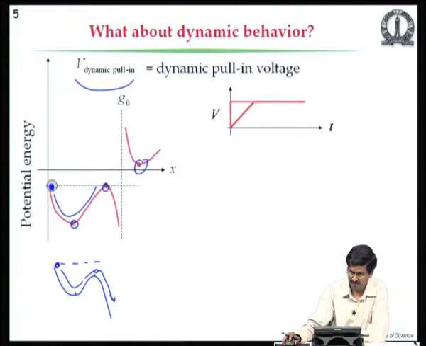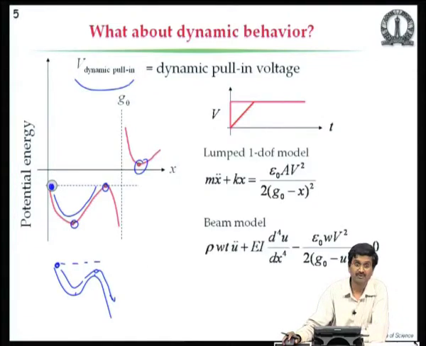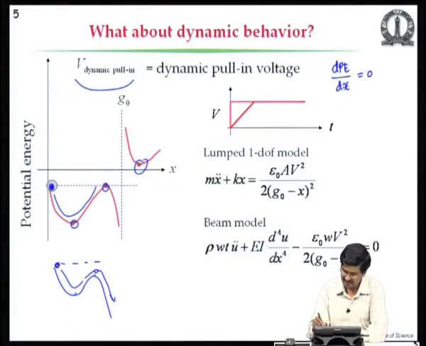You can work out the dynamic pull-in voltage by solving these two equations. One is dPe by dx is equal to 0, the other is Pe evaluated at x, where you get some x here, is equal to Pe at x equal to 0.